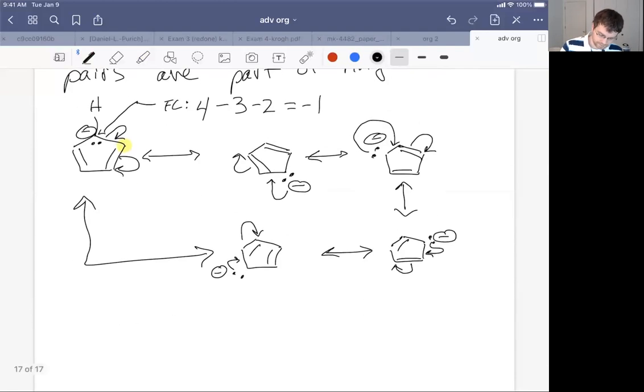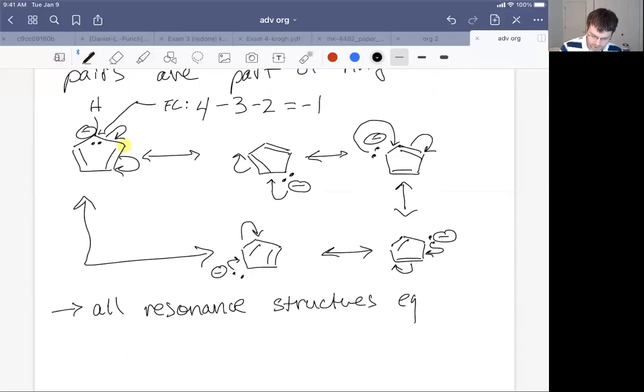And so all resonance structures are equal. And really, that negative charge is sort of spread out across all 5 of the atoms. All resonance structures are equal.